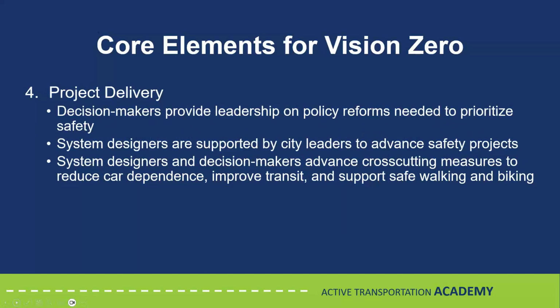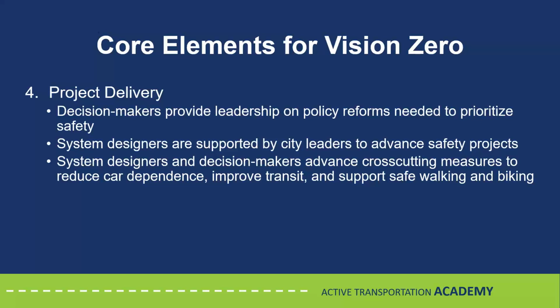The fourth core element has to do with project delivery, specifically that decision makers provide leadership on policy reforms needed to prioritize safety. By the way, this is item 6 listed on FHWA's self-certification eligibility worksheet to apply for implementation funding.